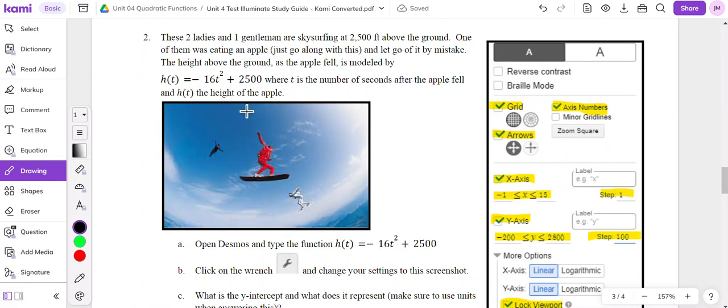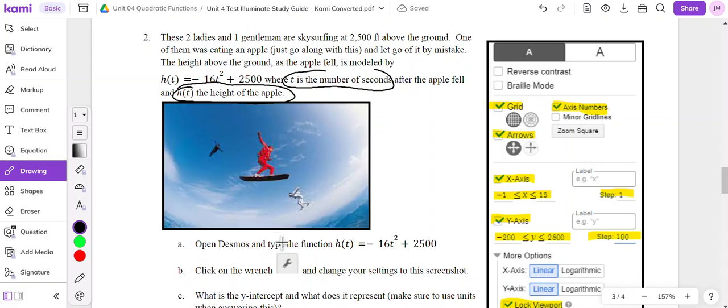It says these two ladies and gentlemen are sky surfing at 2,500 feet above the ground. One of them was eating an apple, let's go along with this, and let it go by mistake. The height above the ground as the apple fell is modeled by h of t equals negative 16t squared plus 2,500, where t is the number of seconds after the apple fell, and h of t is the height of the apple.